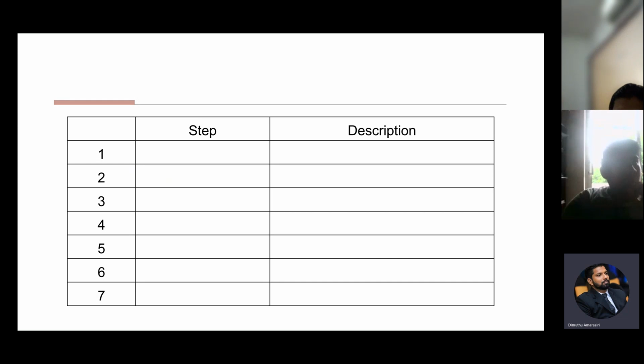Okay, this is the page I said, there is nothing to send. You can quickly do that. 7 steps, 7 descriptions.